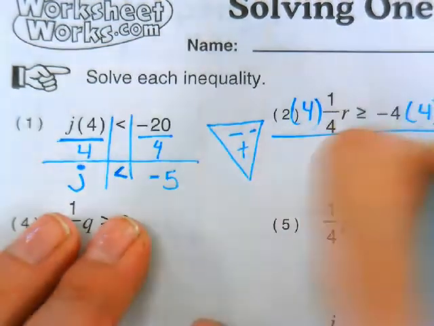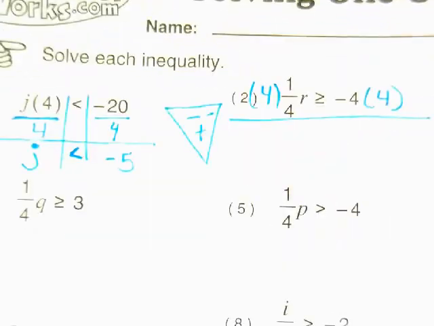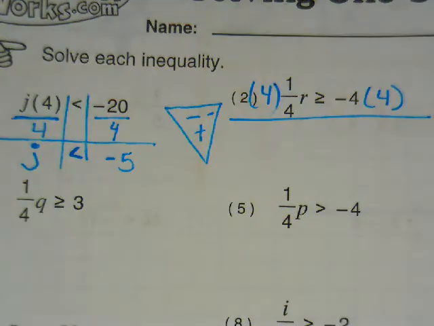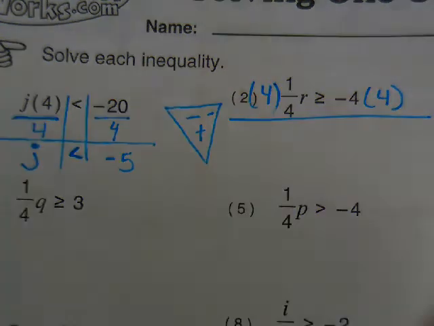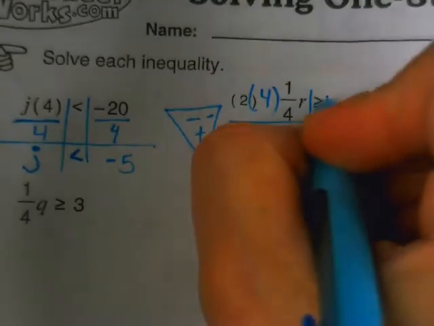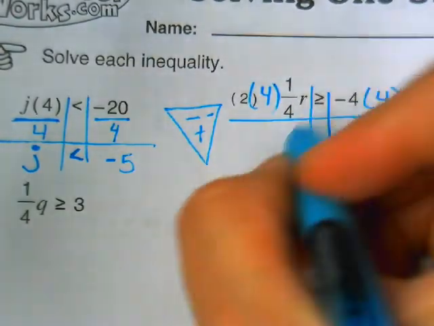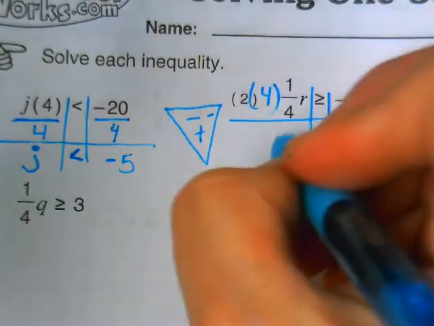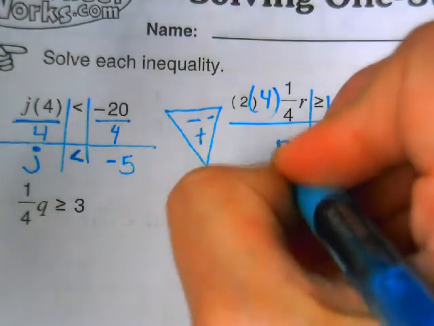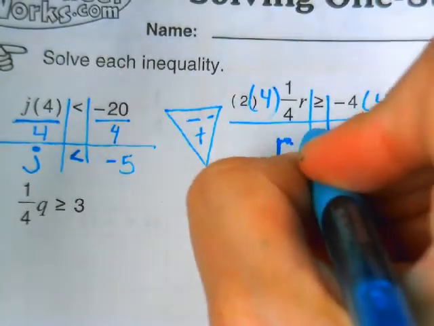I'm going to show you that I'm multiplying by 4 on both sides. Ashley, what are you doing? Okay. These 4s get eliminated. I'm just left with R. You bring down the inequality.